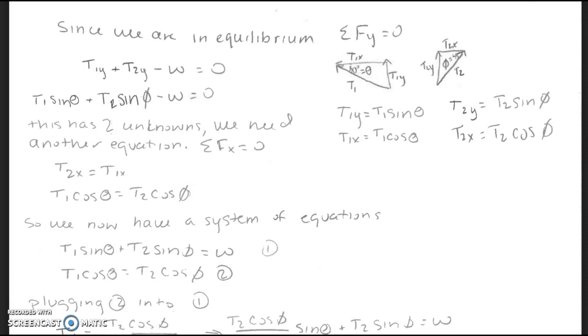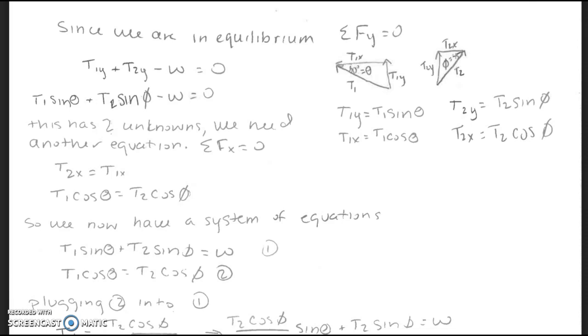So, very similar to other problems, we're going to look at the other direction to find our other equation. Right, so here we can sum the forces horizontally, and summing horizontally we see that T2x is equal to T1x. So writing this in terms of our tension forces and their subsequent trig functions, we get T1 cosine theta is equal to T2 cosine phi.